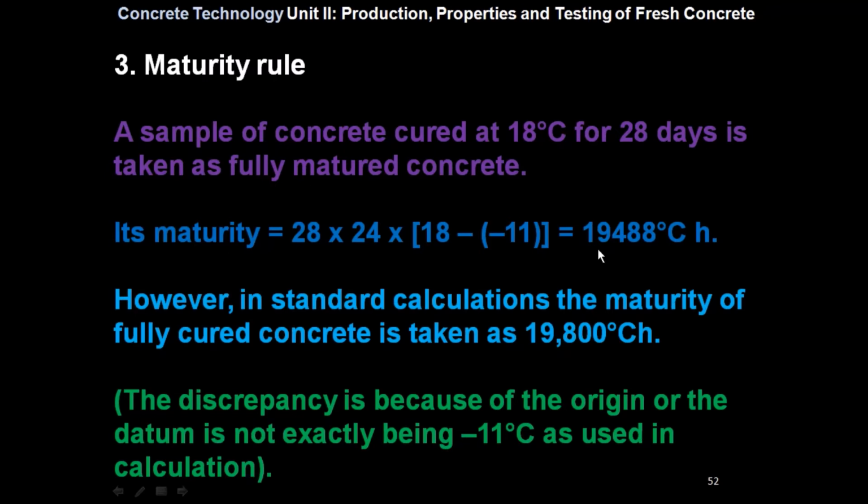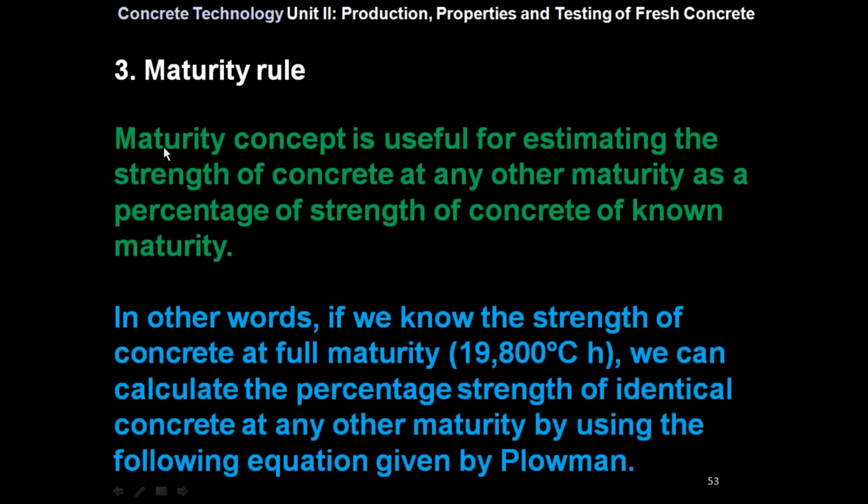So here the maturity by calculation is 19,488, and in standard calculations we have to consider it as 19,800 degrees Celsius hours. The maturity concept is useful for estimating the strength of concrete at any other maturity as a percentage of the strength of concrete of known maturity.